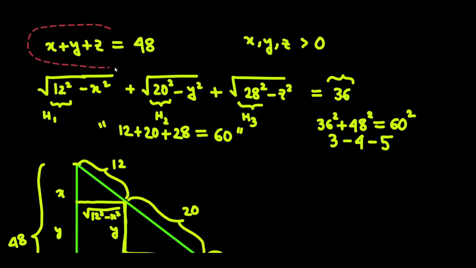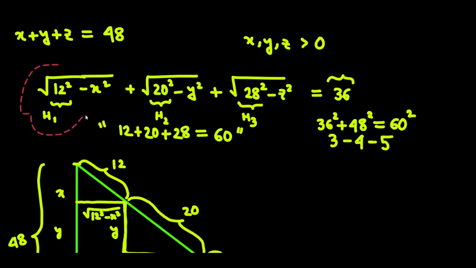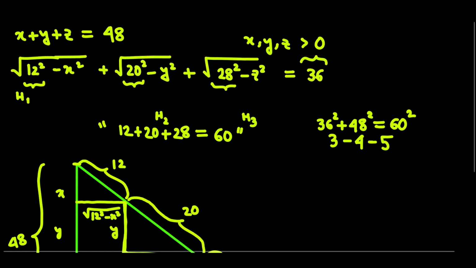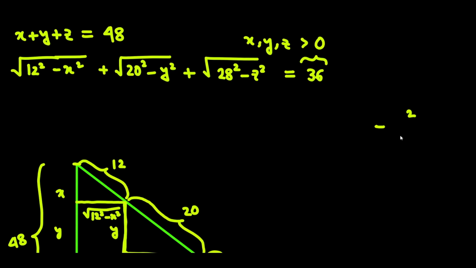I just added three lengths here. Length, length, lengths. Okay. And I added another three lengths here. And there were three hypotenuses hidden here. Okay. So now what?